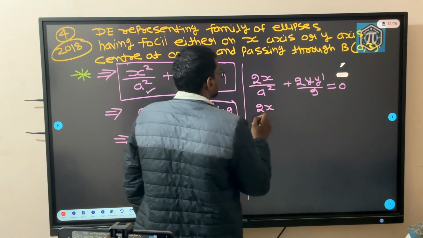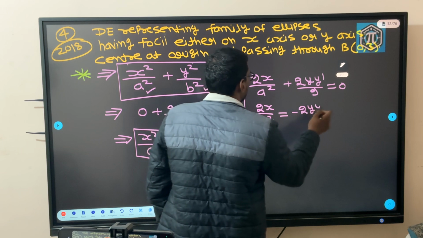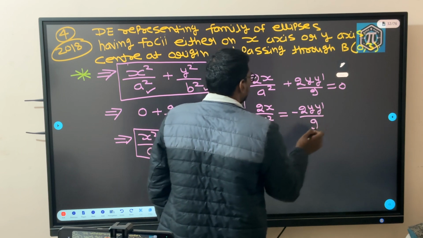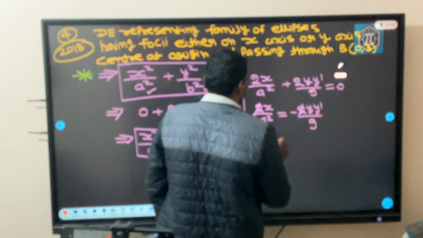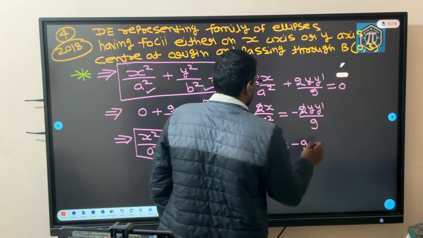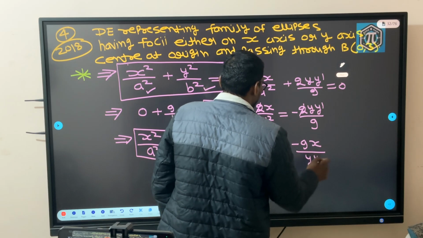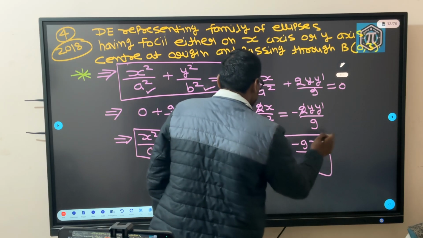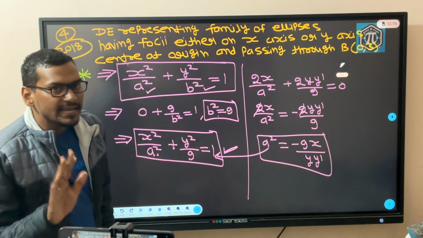Now 2x by a square equals minus 2y y dash by 9. 2 gone, a square is minus 9x by y dash. So this is a square, this you substitute here, and that will be your answer.